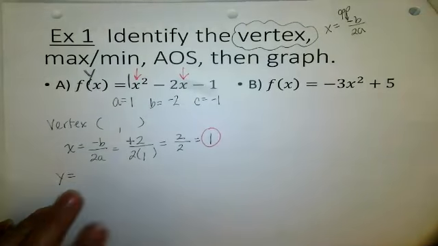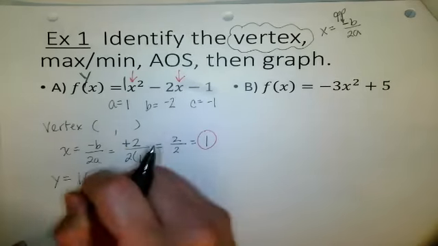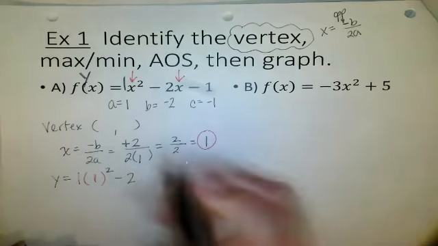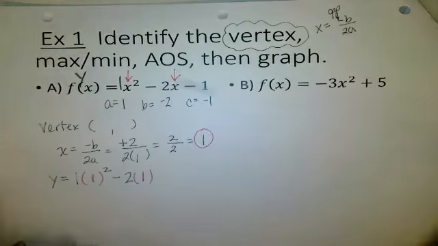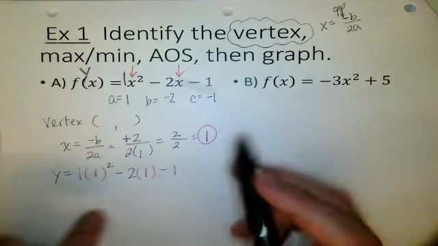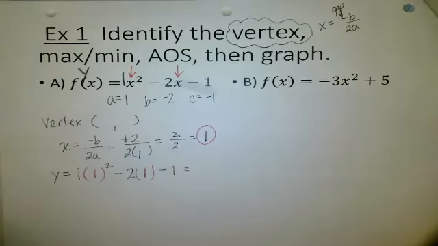And so we have a 1, and then in place of x, we use the 1 we found here, and we're going to square it, minus 2, and in place of x, we're plugging in a 1, minus the 1. So we're just plugging it right in place of those x's, and that's where I use my calculator.